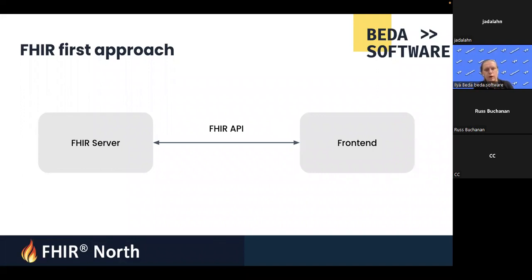You should use a FHIR server and use the FHIR API as the primary API for your frontend. So instead of creating endpoints and designing an architecture for an API, just use FHIR as your primary API. With this approach, you should be focused only on the frontend part. And this approach saves a lot of resources and helps you build apps very efficiently.